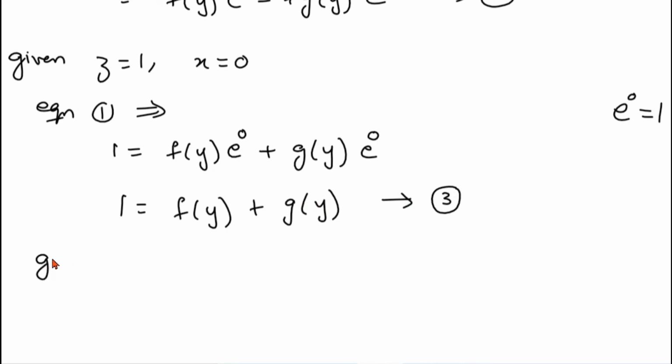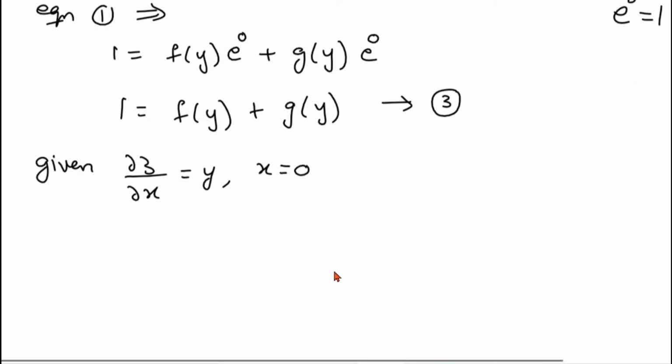Also given in the question, the value of ∂z/∂x is nothing but y when the value of x is equal to 0. So let us try to plug this in equation number 2.